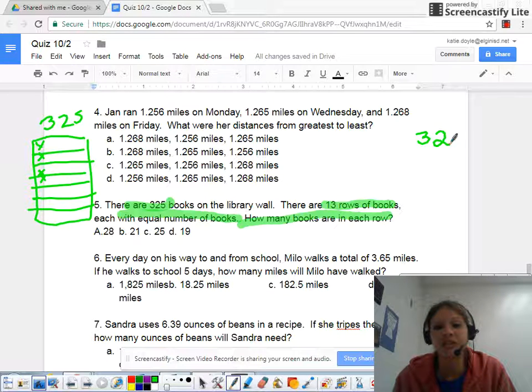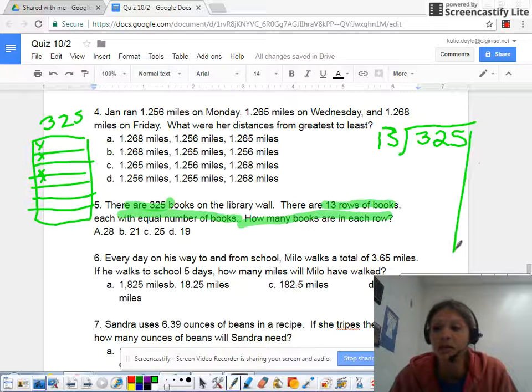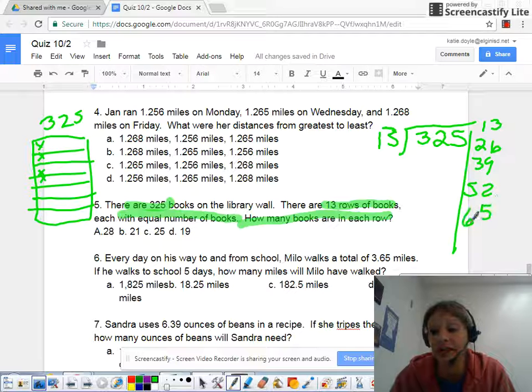So that's just going to be division. 325 divided by 13. Write my 13s over here: 13, 26, 39. I'm going to go through this kind of quick because I'm doing these in my head. Do not do these in your head; I'm just doing it to be quicker. Now we look at our first 2 digits, 32. What's the biggest number from our column that can go into 32?